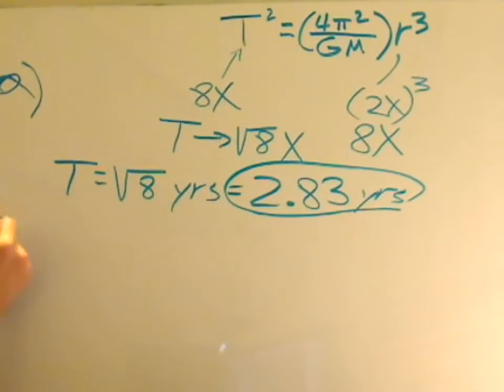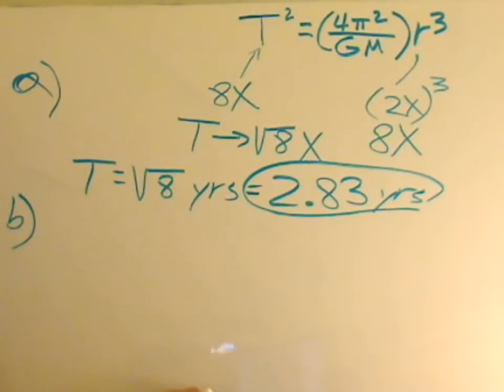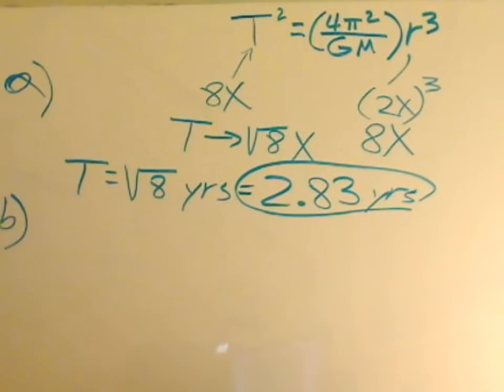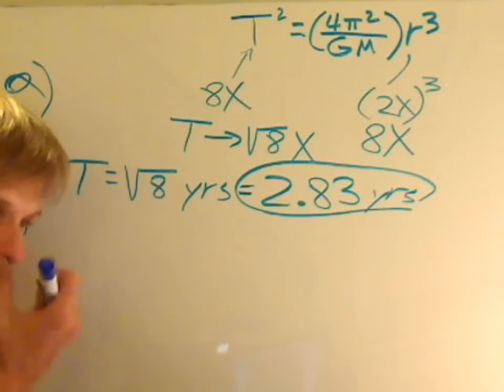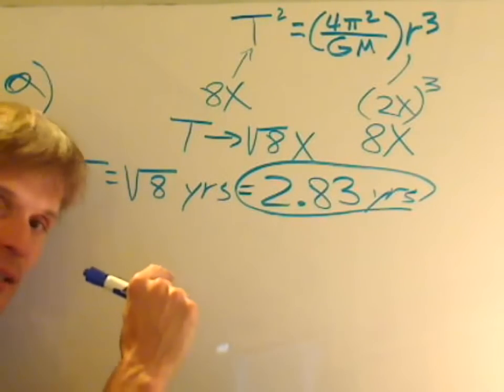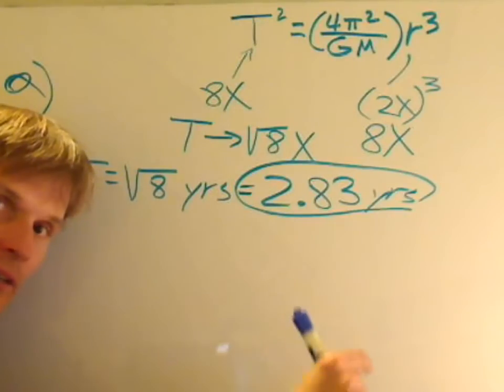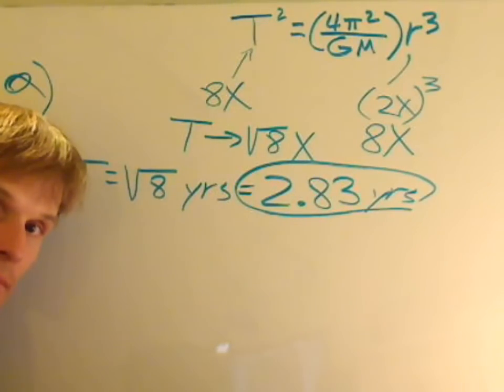Now, the second problem, we'll just call that part B. I didn't label it as part B in the lecture. It tells us to calculate the orbital distance of a geosynchronous orbit, in other words, an orbit such that the satellite stays exactly above the same point on the Earth at all times.